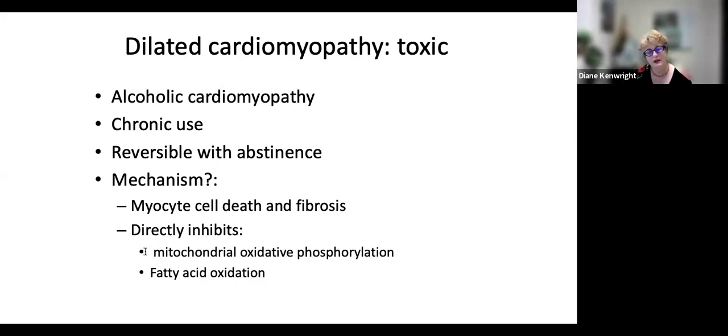Alcohol can directly inhibit mitochondrial oxidative phosphorylation and fatty acid oxidation, just like it does in the liver, and so the myocytes become relatively ischemic. They're hardworking cells, those myocytes, and die. Abstinence is the best thing that they can do.